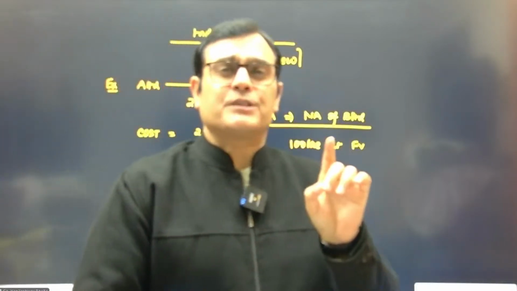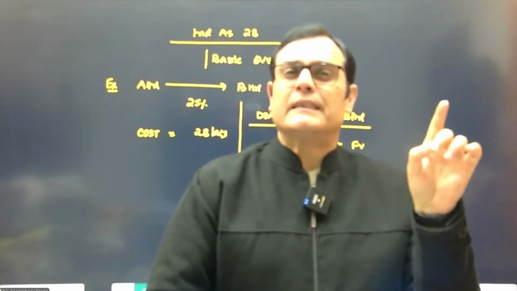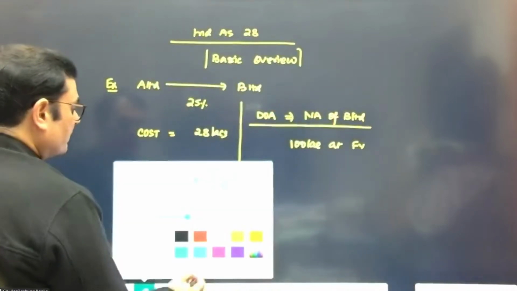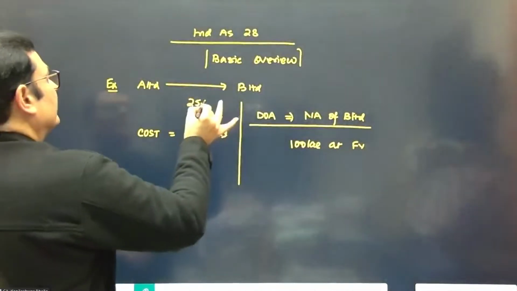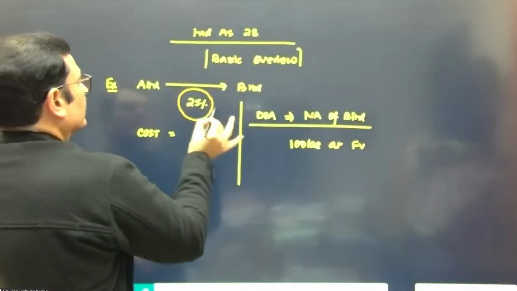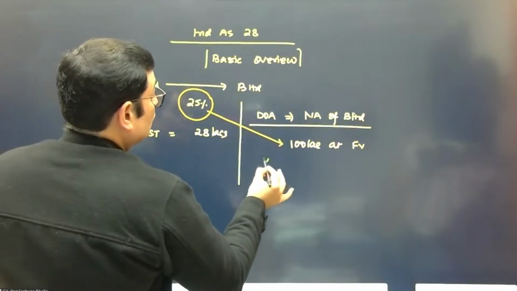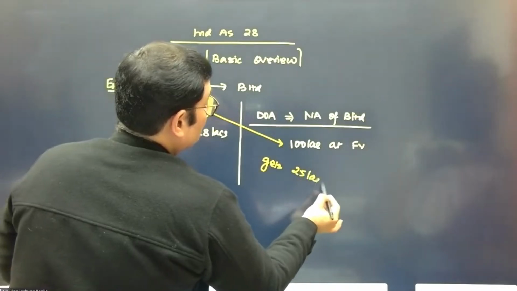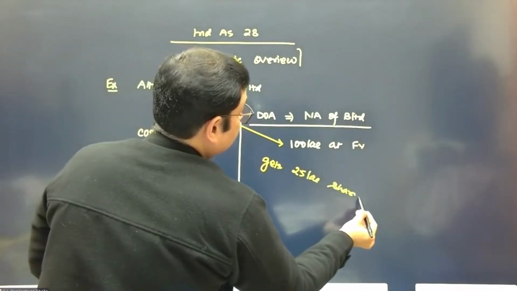Now, when A gets a 25% stake in B, he will get a 25% share in the net assets as well. So he gets a 25 lakh share in net assets.